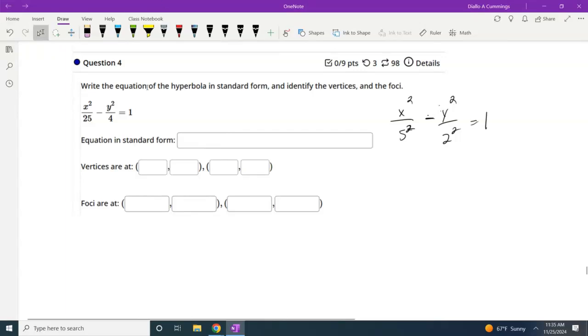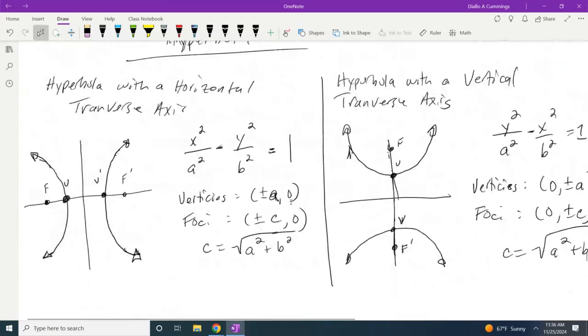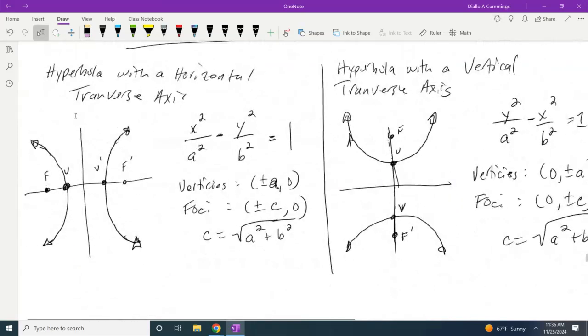Next, we're asked to find the vertices and the foci. So in order to find the vertices, if we look back at our model form for a horizontal transverse axis, right, the vertices are located at plus or minus a comma 0, and the foci are plus or minus c comma 0.